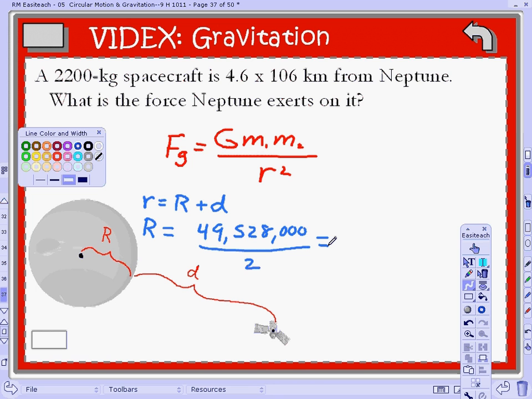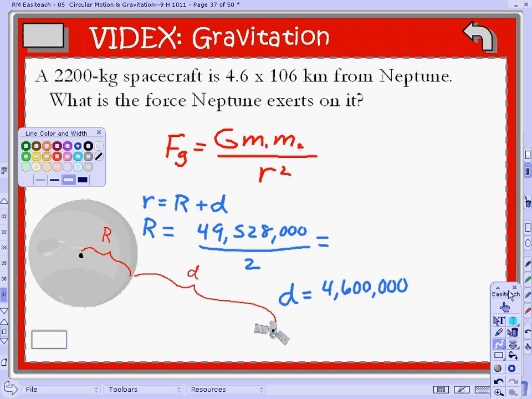The distance of the spacecraft above the surface: we are told in the problem that it is 4.6 times 10 to the 6 kilometers. I'm going to write that down as 4,600,000. That's in kilometers. But watch this.